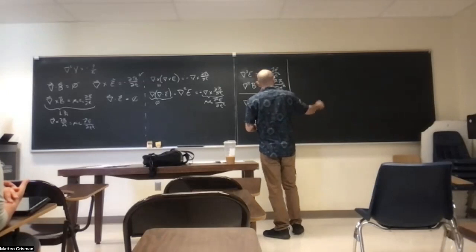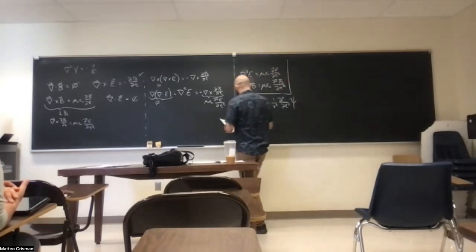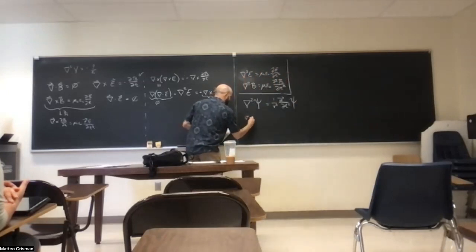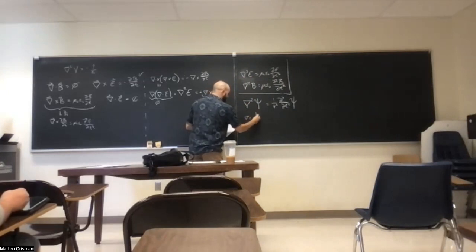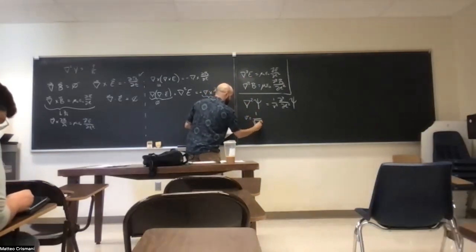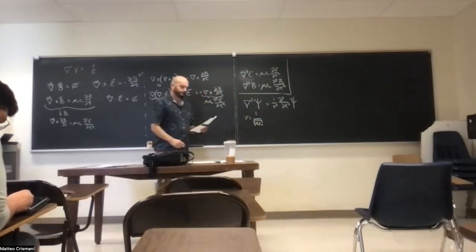So 1 over v squared, you could rearrange that and say the velocity in this wave equation is 1 over the square root of mu naught epsilon naught.